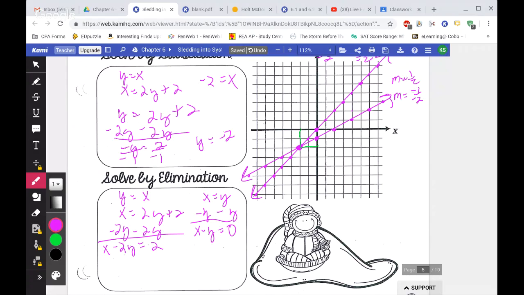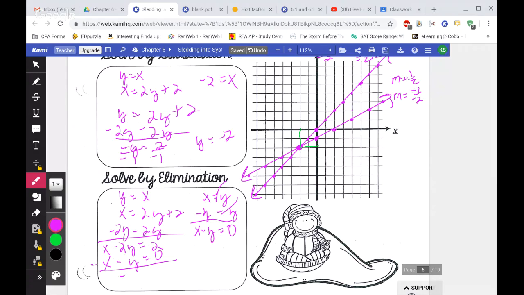So now I have that, it's in standard form. So we have x minus y equals 0. And now what I'm going to do is subtract both. So I have negative 2y minus a minus y. So that's negative 2 plus y.